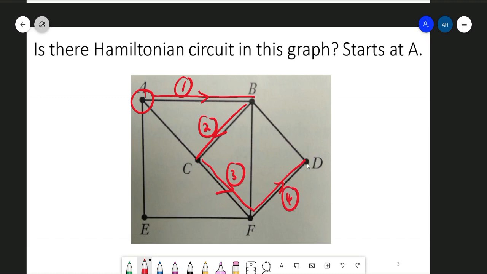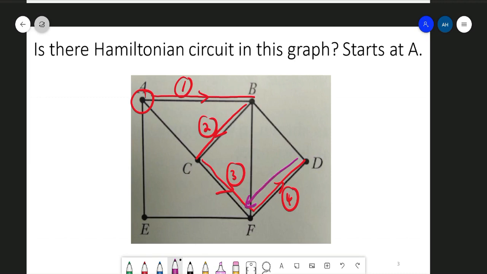Now from D, there is one more vertex that hasn't been visited yet, that is vertex E. But there is no direct path from D to E, so we have to go back to F. Maybe we use a different color. We go back this way.